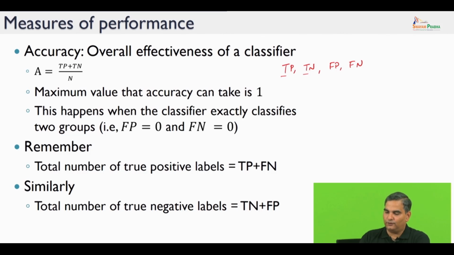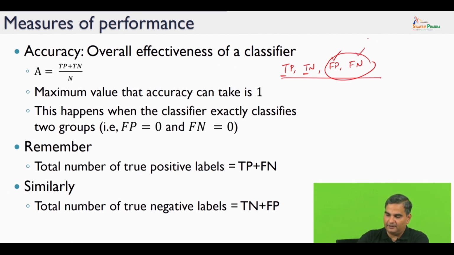So, in these 4 cases, the true positive and true negative are the success cases, and these are failure cases. So, accuracy would be true positives plus true negatives divided by the total number of samples. This gives you how many times the classifier got it right.